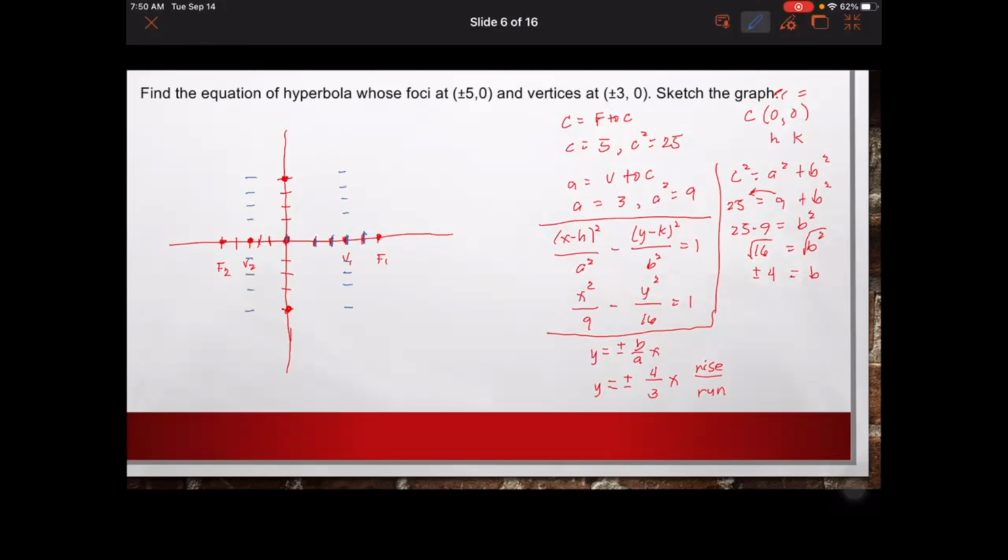Yung run naman natin is simula sa vertex, papunta dito, pabalik, papunta sa center. So, 1, 2, and 3. Tapos, 1, 2, and 3. Tapos, 1, 2, 3. 1, 2, and 3. So, nakabuo tayo ng ganyan. Ang ating box.